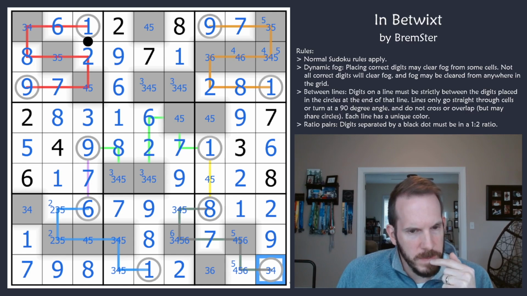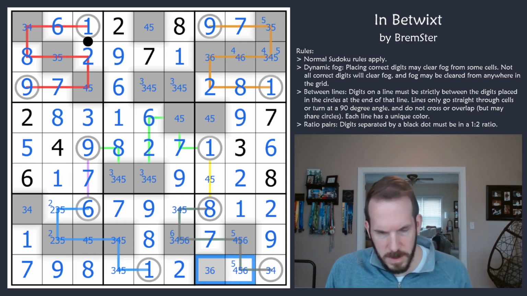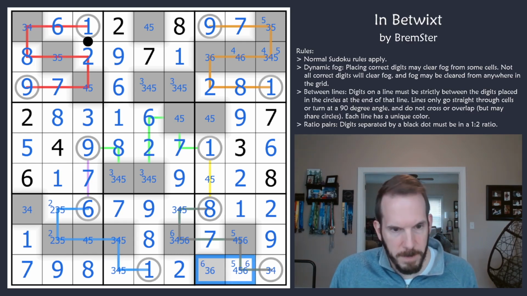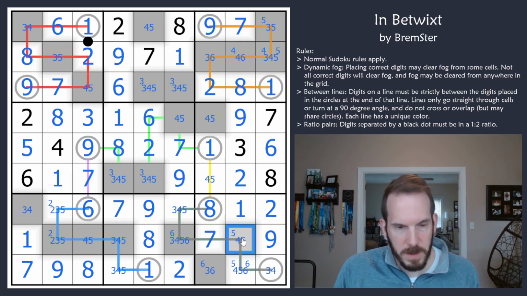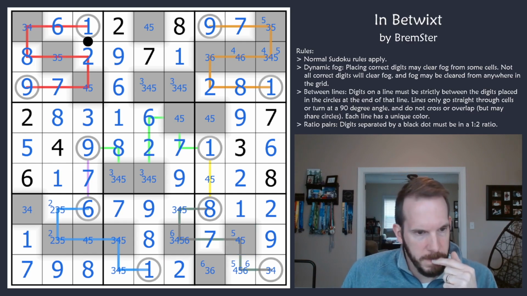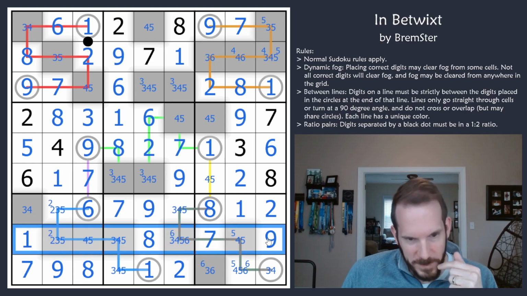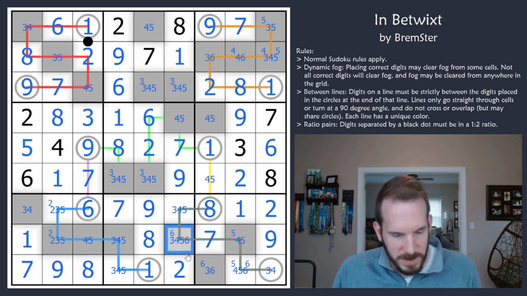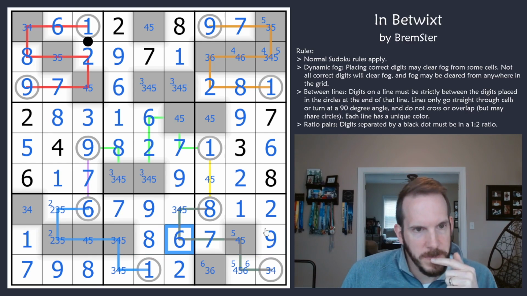I don't know if we get... Oh, in this row, 6 goes here. So 6 doesn't go here. So in row 8, the 6 goes in this cell. Is that our last 6?